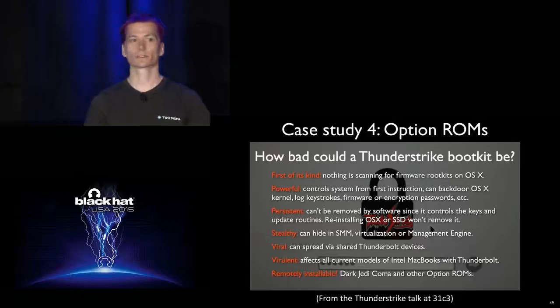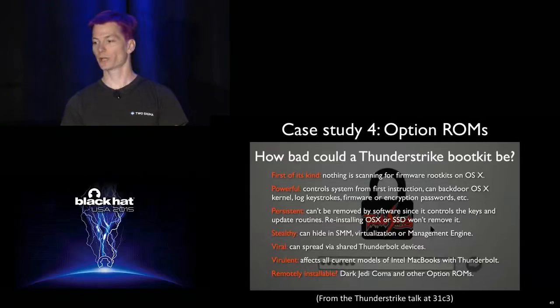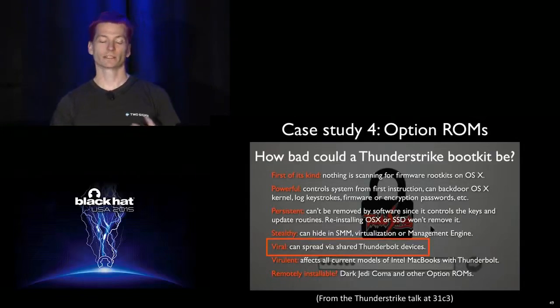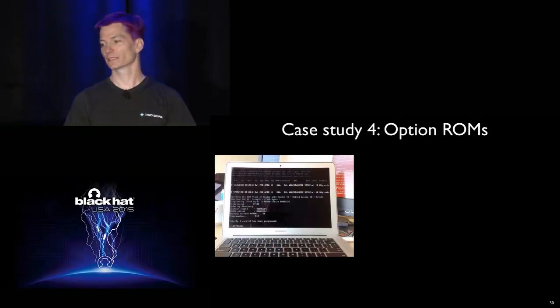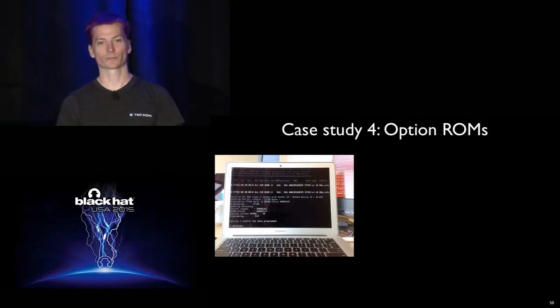The ThunderStrike 1 talk also hypothesized that these removable Thunderbolt devices could be used to virally spread this sort of attack. At the time, the only way to write to the ROMs was to reboot to DOS and have physical control of the adapters.